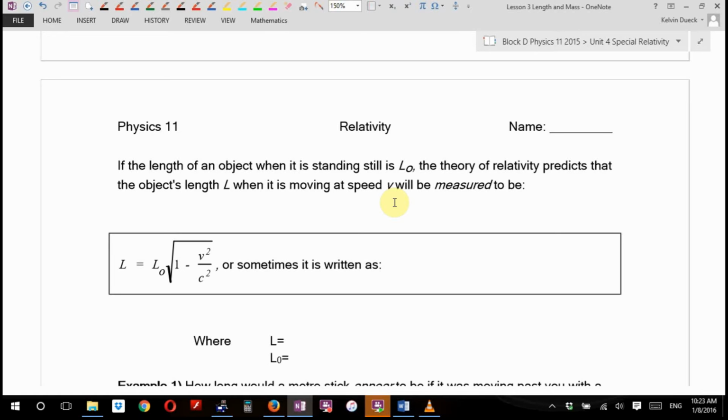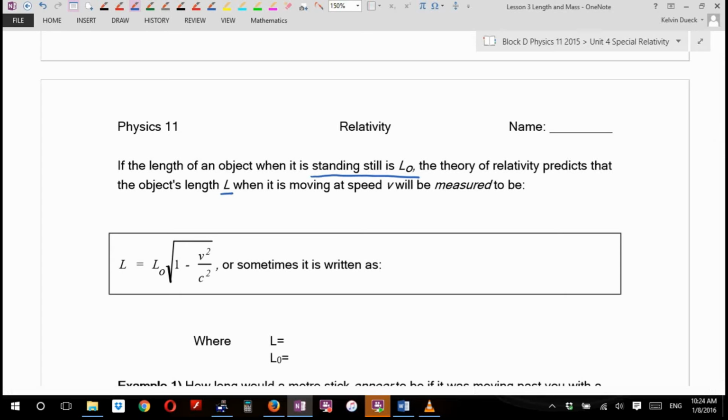Now, the only problem here is the 0 and the L are the opposite of time. In time, T0 was the moving object, and T was the Earth back home. In the length equation, L0 is what's standing still, and L is what you see when it goes whizzing past you.